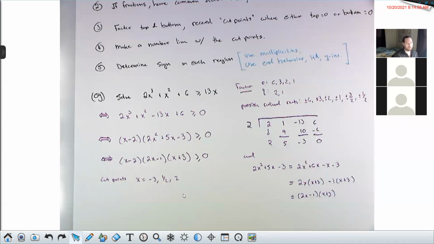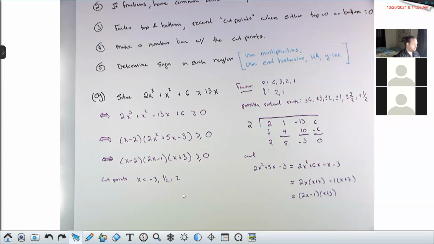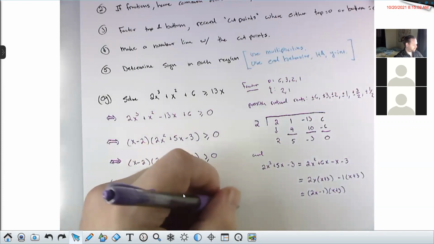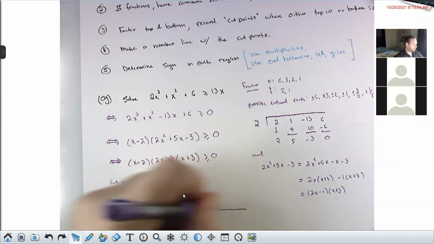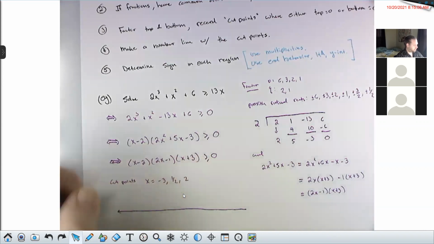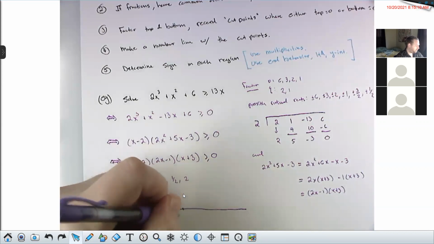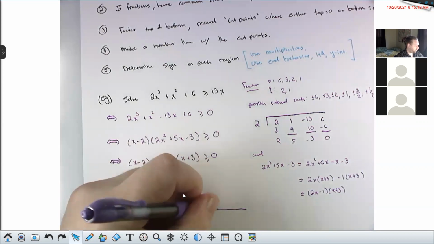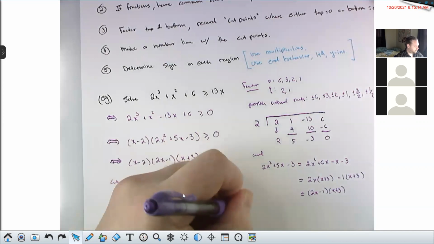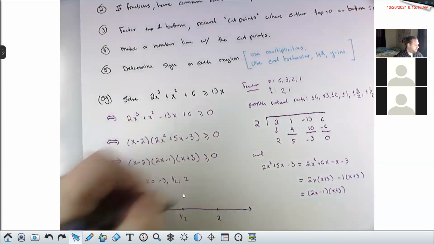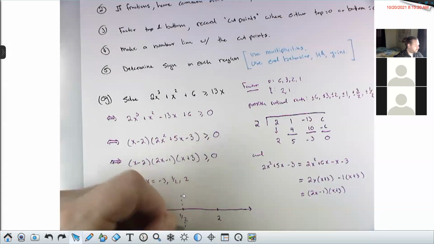And then we'll plot those on a number line. So negative 3, positive 1/2, positive 2. And this chops the number line up into several regions.